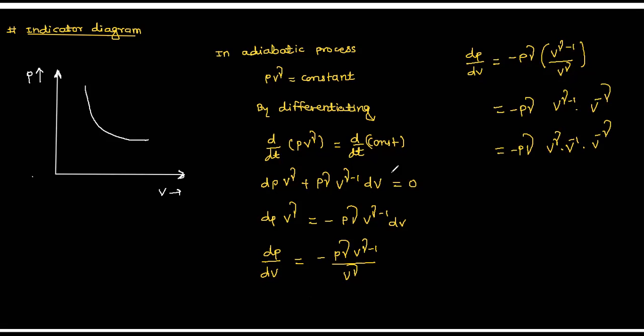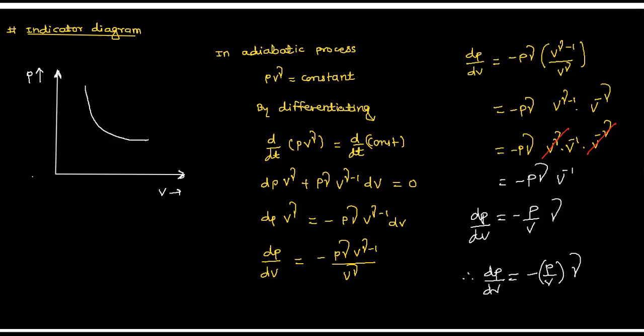I have differentiated, then taken this gamma up so it became minus, and a^m into a^(minus n) is a^(m minus n). So cancelling this and this, what I'm getting is minus P gamma V^(minus 1). Let's take it back: minus P by V into gamma is equal to dP by dV. Therefore, dP by dV is equal to minus P by V into gamma. You can keep it in a box.